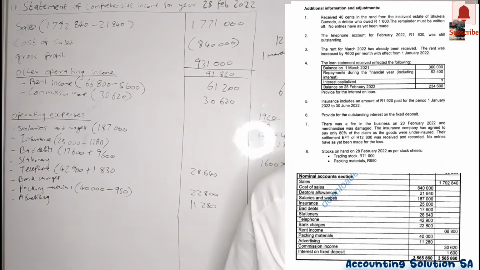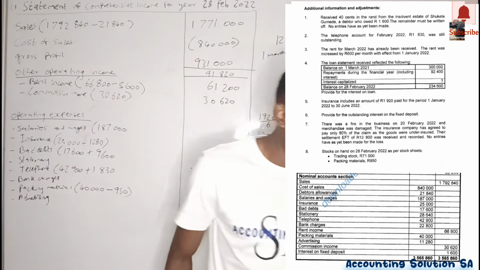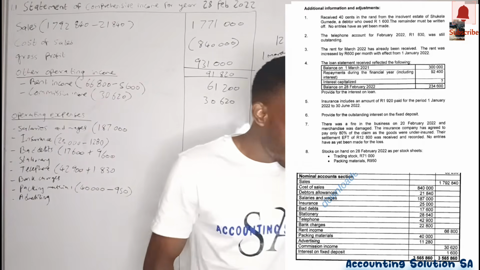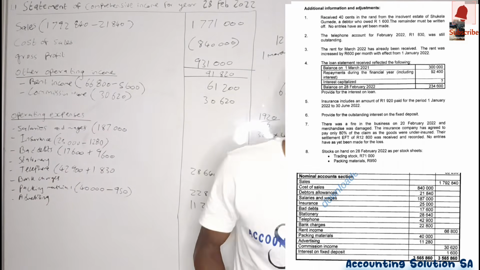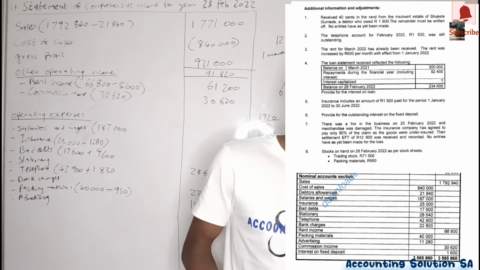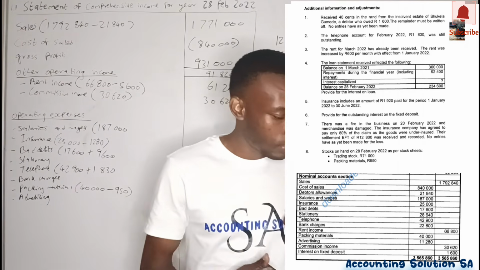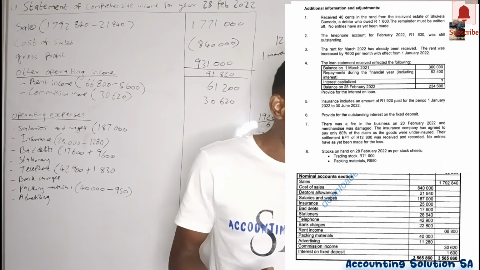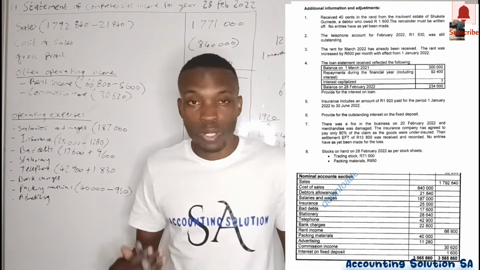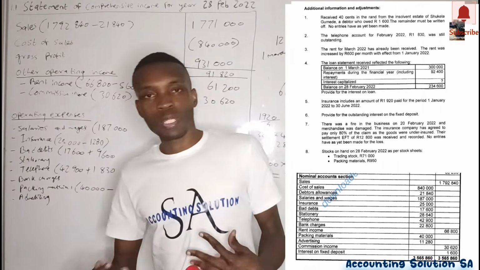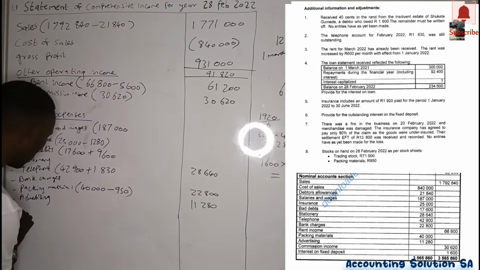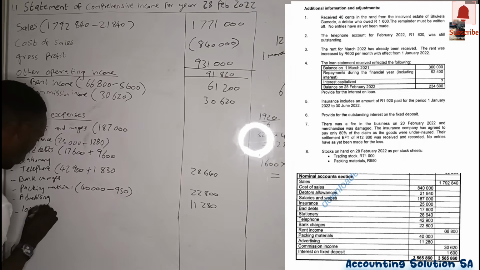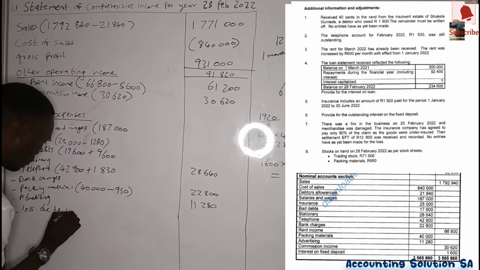Okay, let's go back and confirm if we have adjusted all the transactions. We still have number 7 where they said there was a fire and the insurance paid an amount of 12,800. This is what we are going to do, guys. Make sure that you follow this step. This is what we call a loss due to fire.